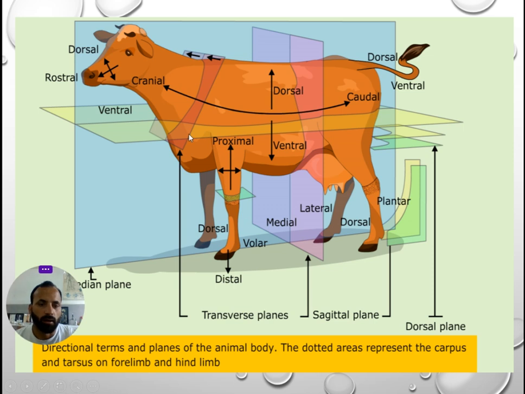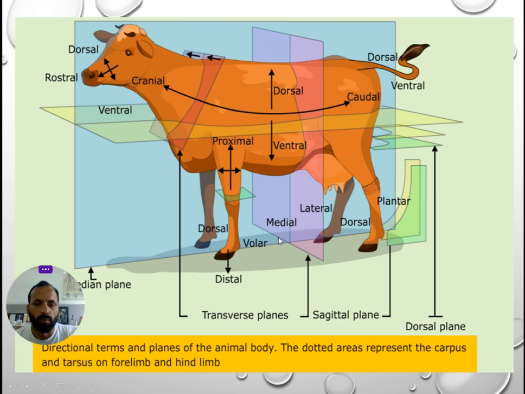And then you have the planes that cut the body in different ways. The median plane dissects the animal body into exact two halves. A parallel plane that goes along the median plane also cuts the animal into two halves, but one half will be bigger and one smaller. That is the difference between the median and the sagittal plane.